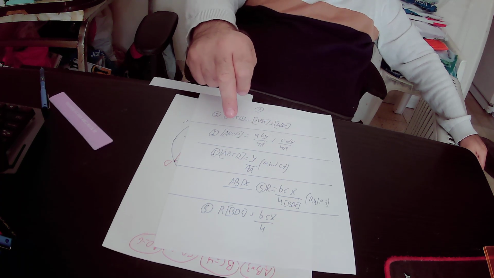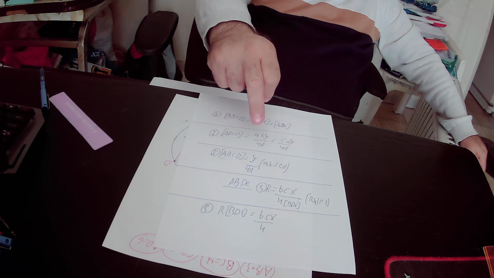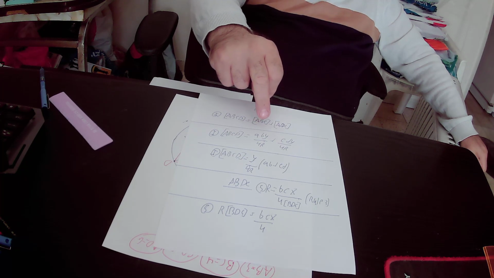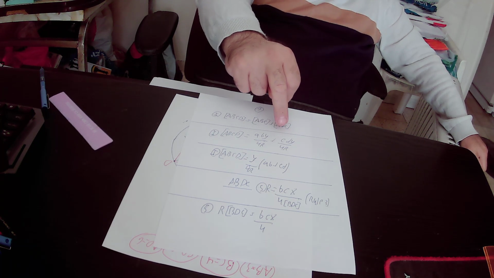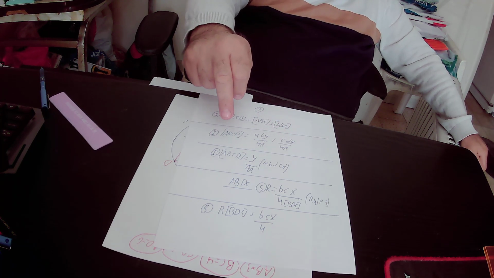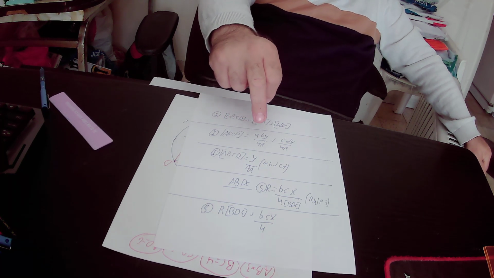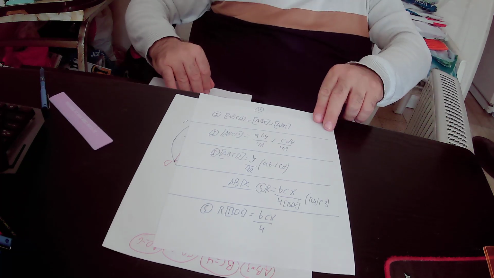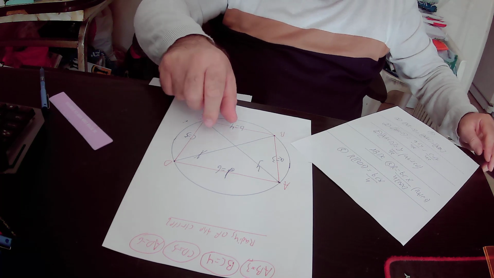We got that the area of quadrilateral ABCD equals Y over 4R, and inside the brackets what is left is AB, and in this expression what is left is only CD. So we got that the area of quadrilateral ABCD according to equation number 1 equals Y over 4R times (AB plus CD).